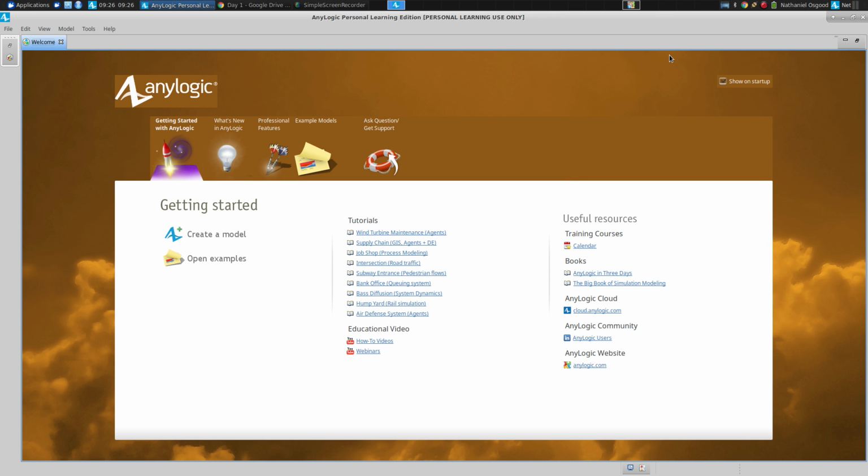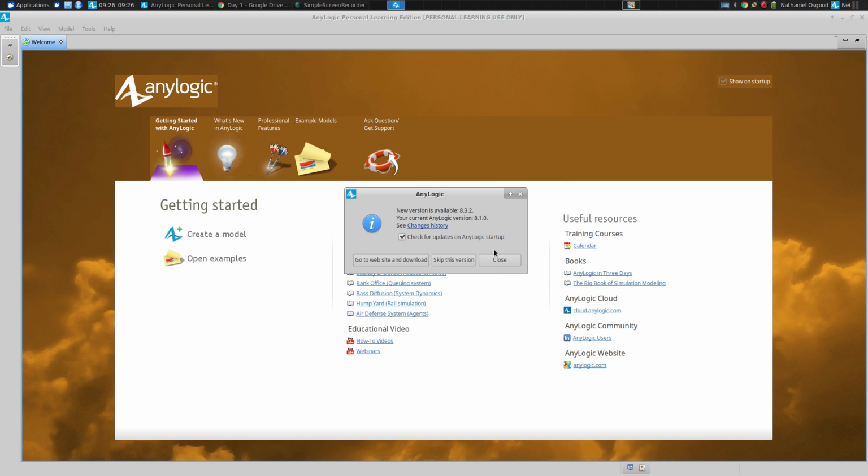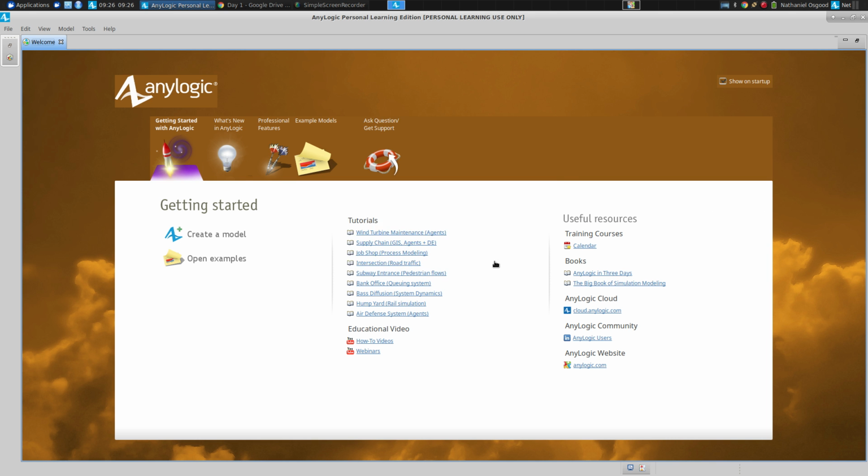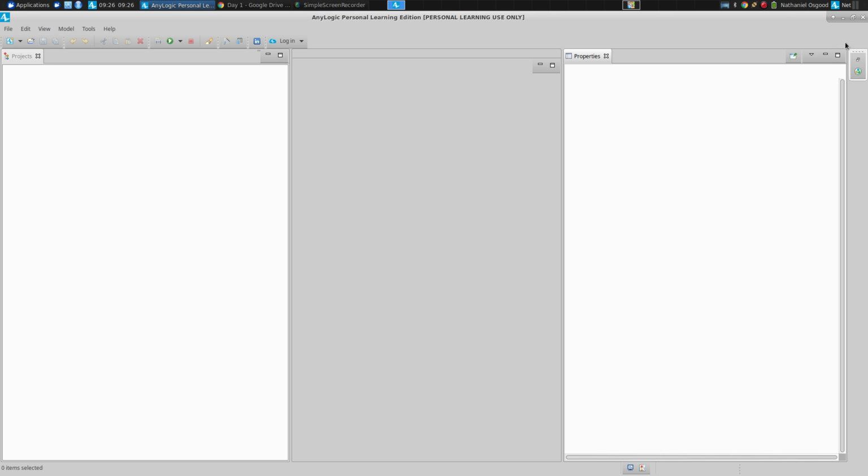If it puts a message here, you can just say close. You'll want to minimize this, and it should then allow you to see a screen that looks something like this, including a menu up here.